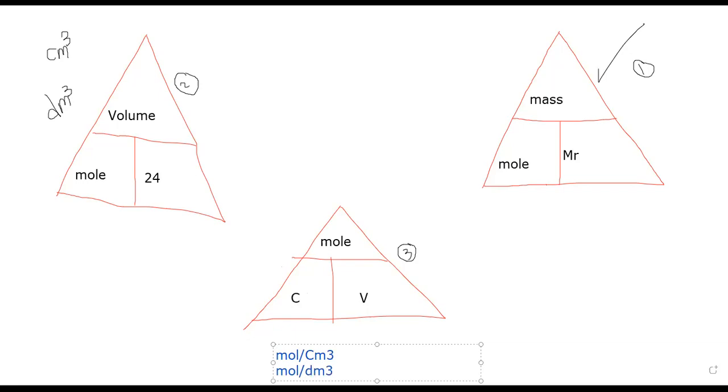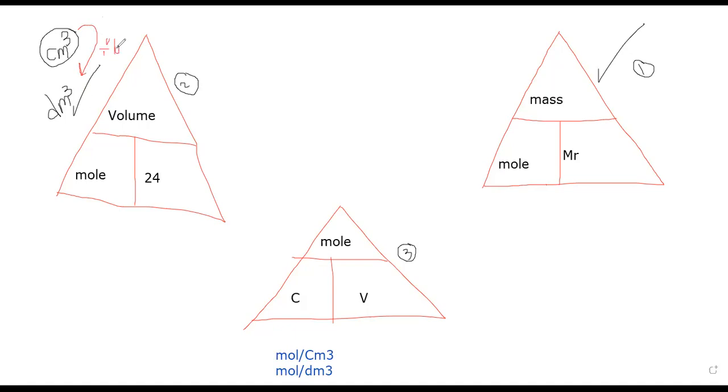So this is concentration. But there is a common mistake. I cannot use cubic centimeter; I have to use cubic decimeter. If you need to convert a cubic centimeter into cubic decimeter, you have to divide by 1000.